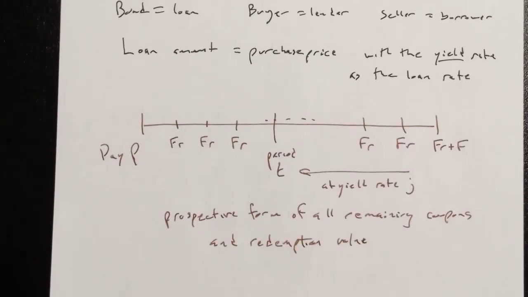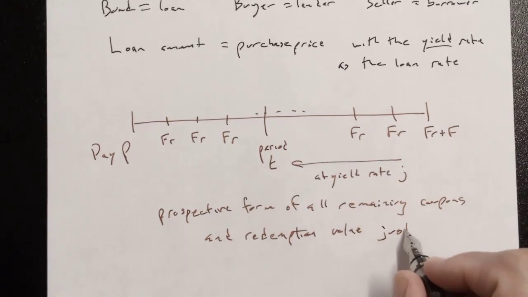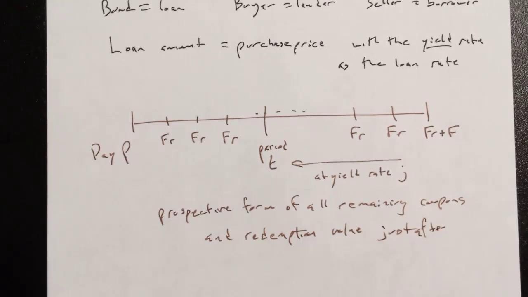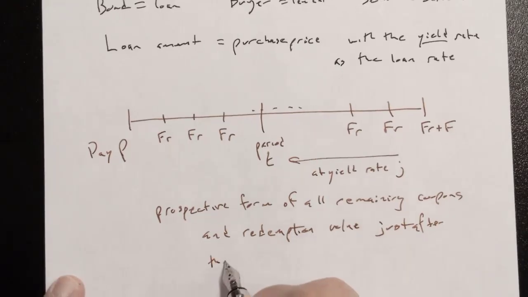That's what I want to compute right after the coupon is paid here. That'd be a present value calculation.